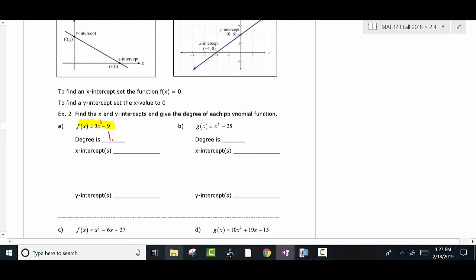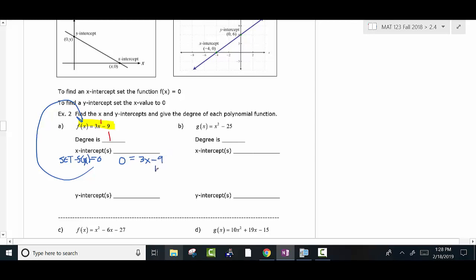We're going to find the intercepts on this. The way you find an x-intercept is you set the function equal to 0. You take f of x and set it to 0. So you plug a 0 in for f of x to get 0 is 3x minus 9. Then you solve that equation. That's going to have one answer.